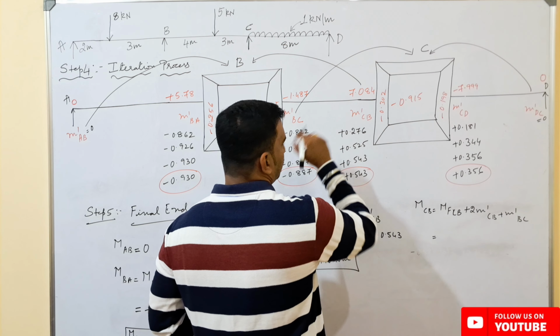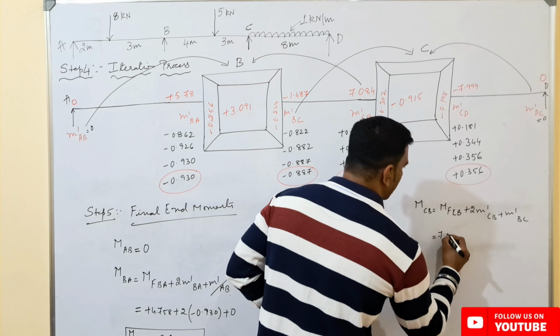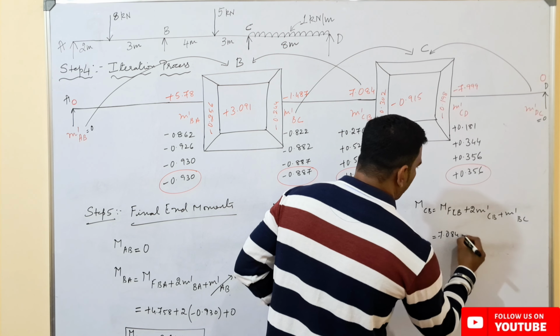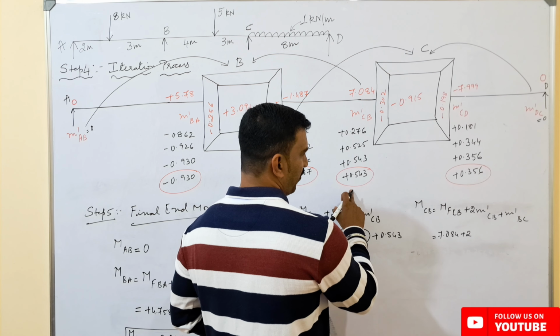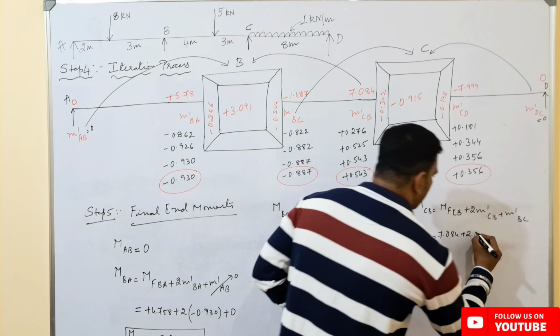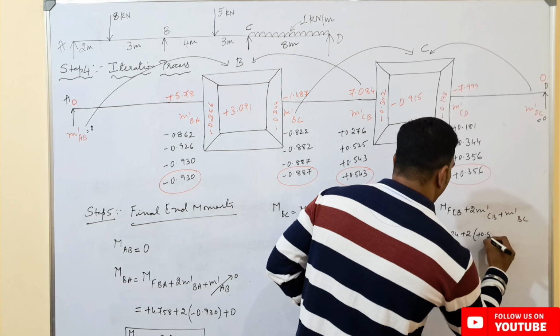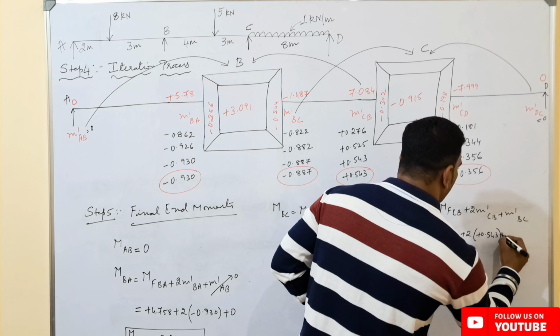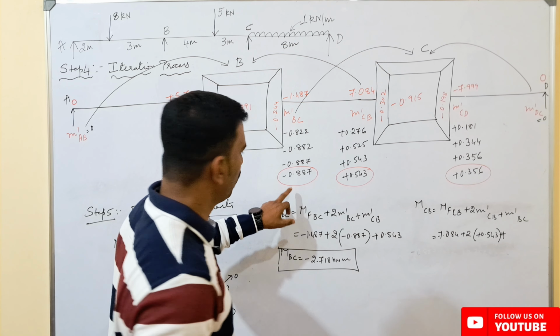This one. Fixed end moment from C to B, that is 7.084 plus 2 times the rotation contribution M'CB. M'CB value we have got here, that is plus 0.543 plus M'BC. So M'BC value, how much we have got here?